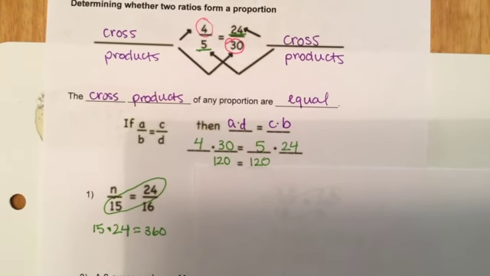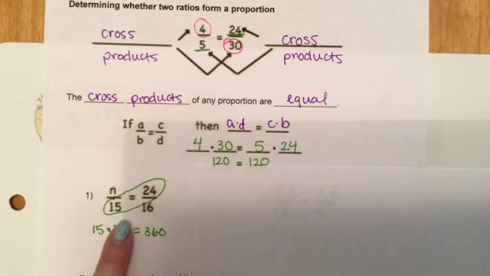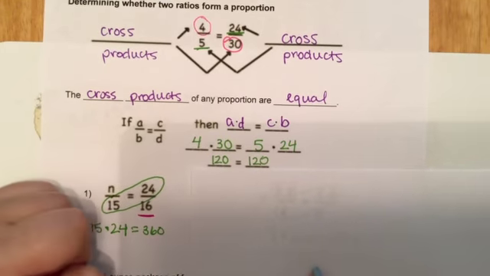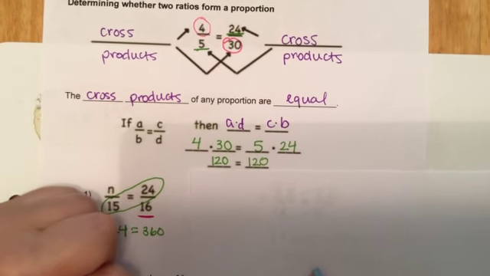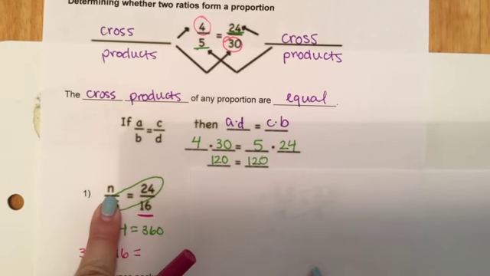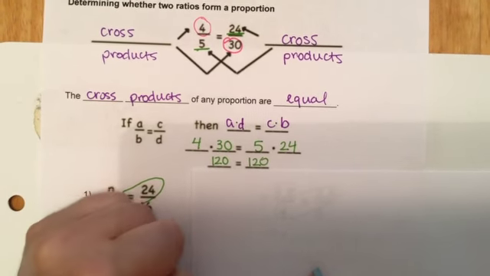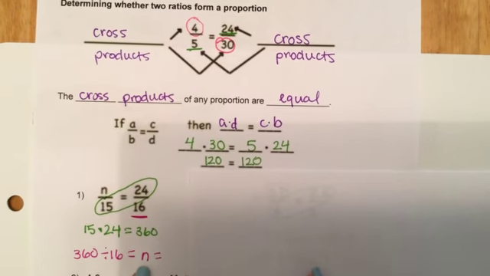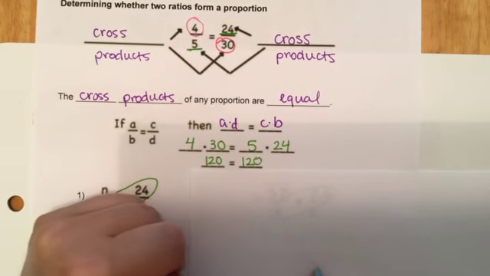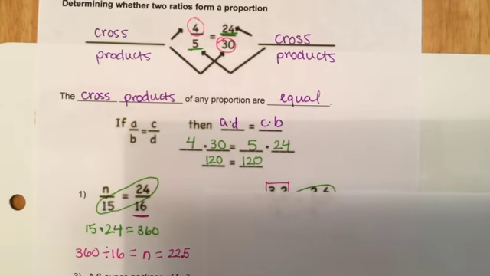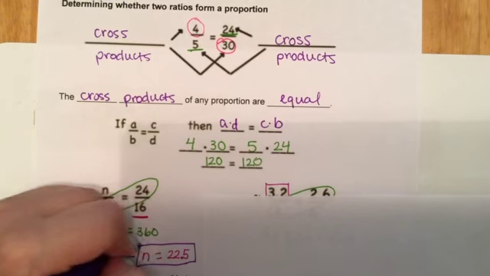Then you divide that cross product, 360, by the number that's left over, which is 16. So we take 360 divided by 16, and that equals our missing value, n. Plugged into our calculator, 360 divided by 16 equals 22.5, which means n equals 22.5.